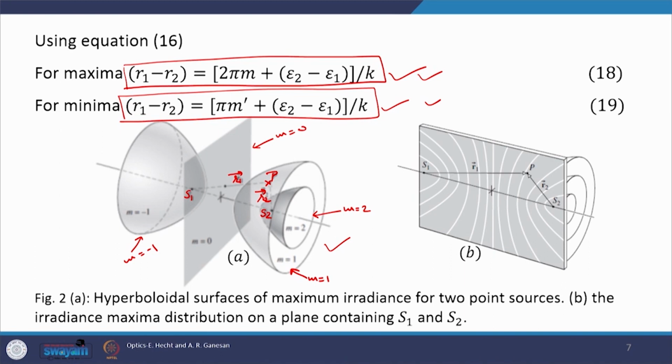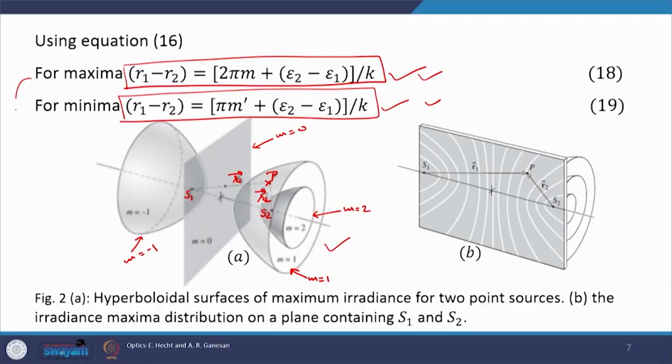Now, these hyperboloids of revolution are fringes in 3D, these are maxima. This hyperboloid of revolution here is plotted for equation number 18. A similar hyperboloid of revolution you will get for equation number 19. Equation 18 represents the maxima.